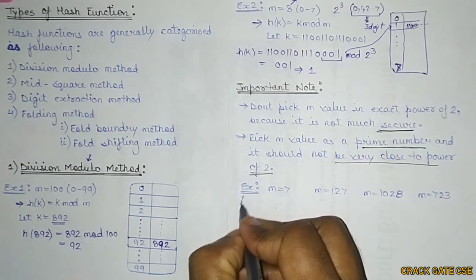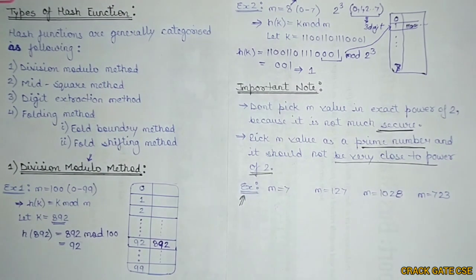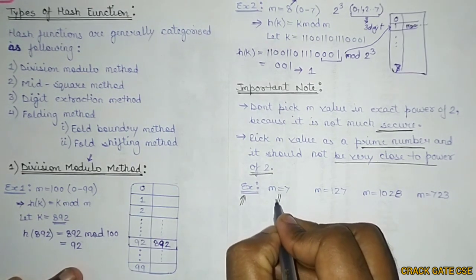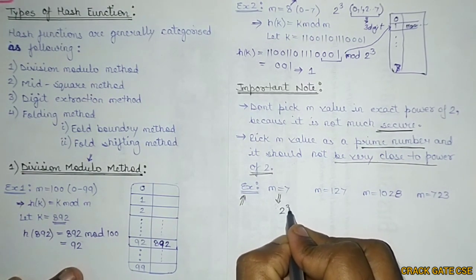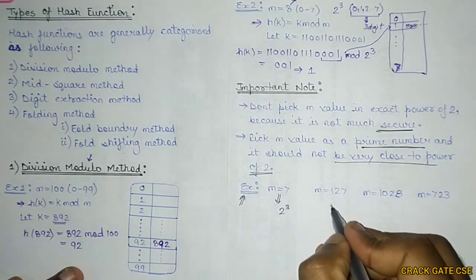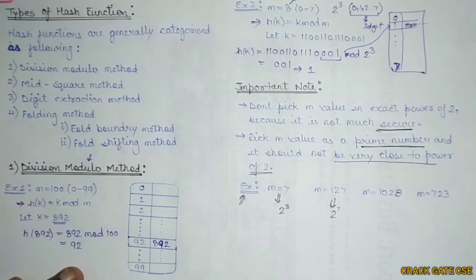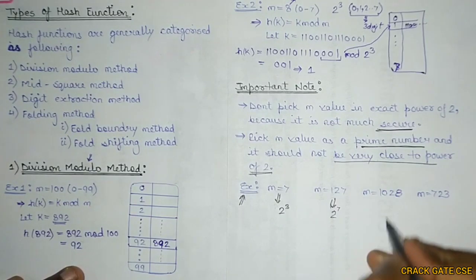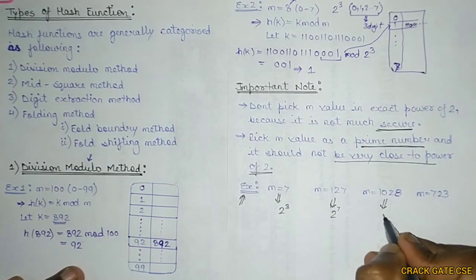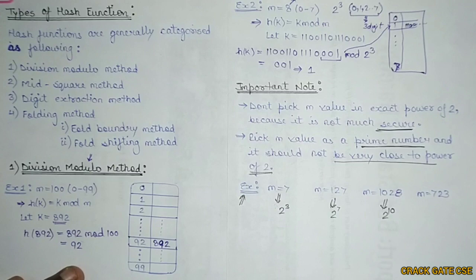See, this is an example. And if in this example you have to tell which is the most efficient and effective value of m, how can you see that? See this 7, it is very near to 2 to the power 3. This 127 is also near to 2 to the power 7. Similarly this 1028 is near to 2 to the power 10.